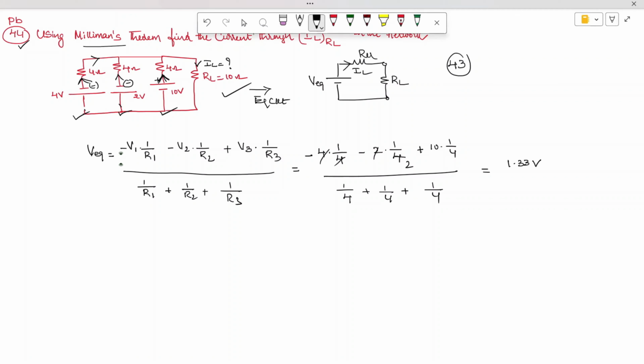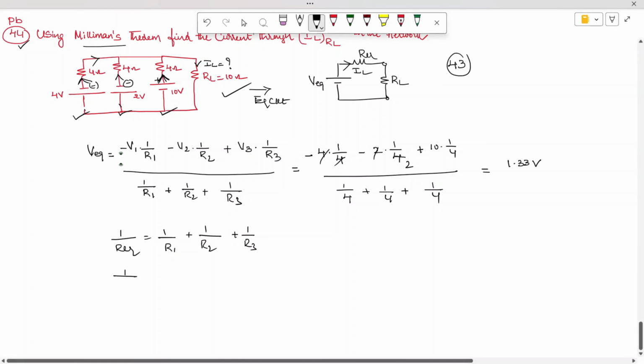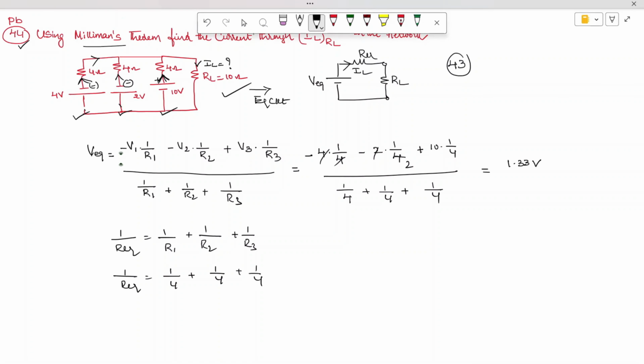Now I am going to find 1 by R equivalent. How many resistors are there? Three. 1 by R equivalent is equal to 1 by R1 plus 1 by R2 plus 1 by R3, which is 1 by 4 plus 1 by 4 plus 1 by 4, and then you get the R equivalent value as 1.33 ohms.